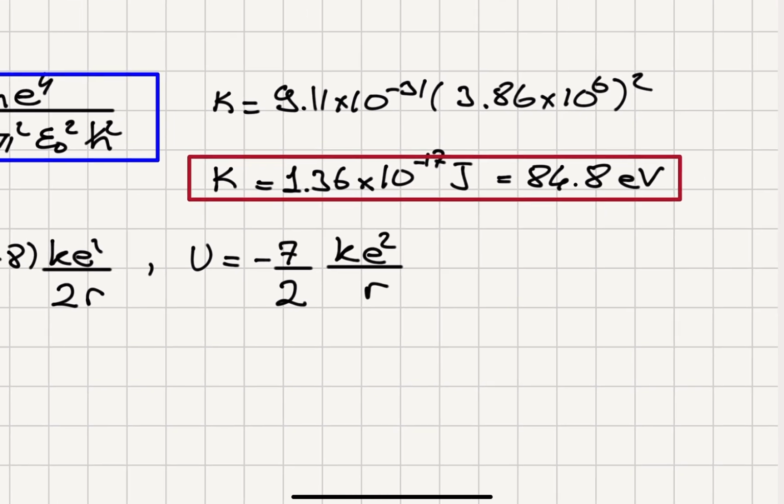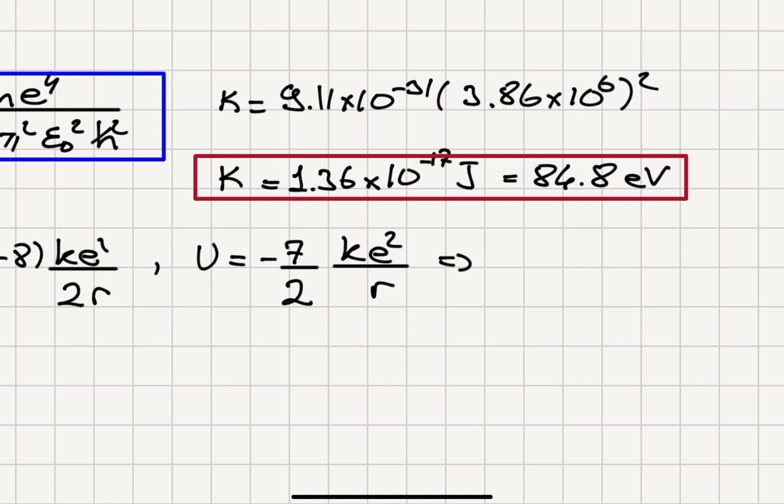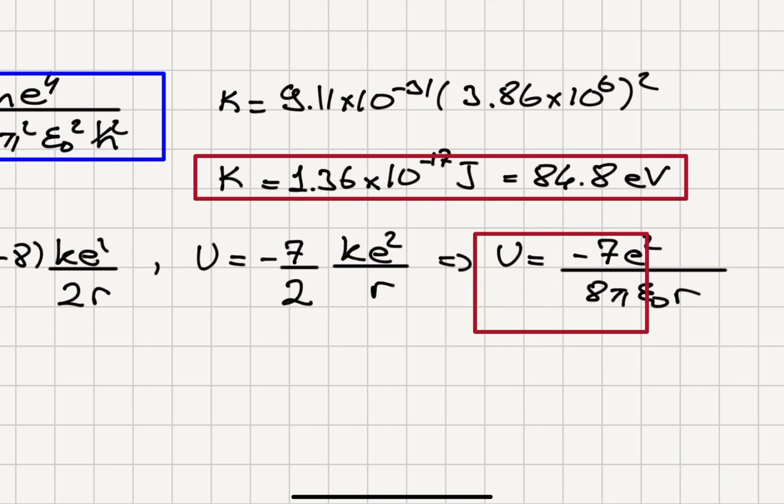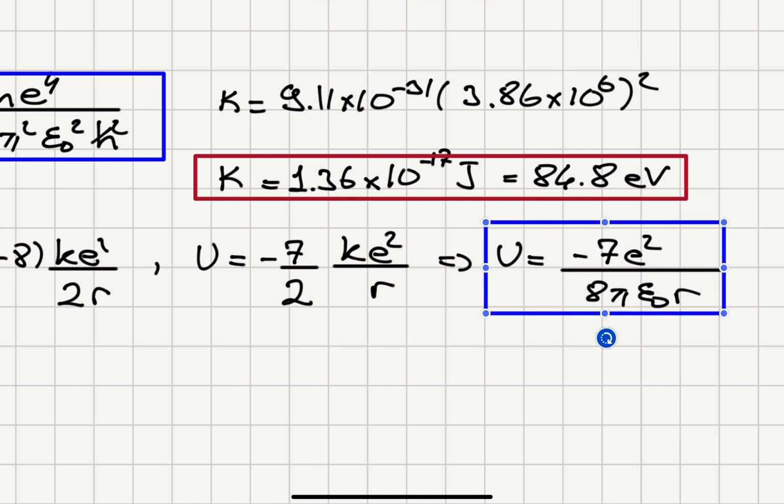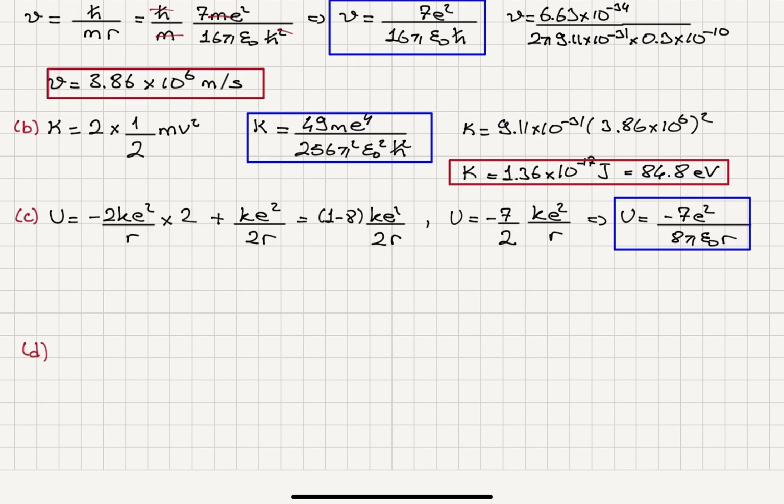So if we substitute for k, 1 over 4 pi epsilon 0, the total potential energy is minus 7 e squared divided by 8 pi epsilon 0 r. Numerically, we can calculate it.